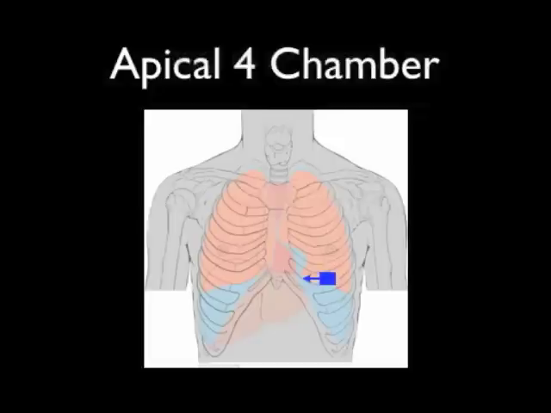The last view is the apical 4-chamber view. Apical because the beam goes through the cardiac chamber apex down to the base, and 4-chamber because all 4 chambers are visualized. Notice how the beam travels through the patient's cardiac apex to the base. We're able to visualize left and right atrium, as well as left and right ventricles.